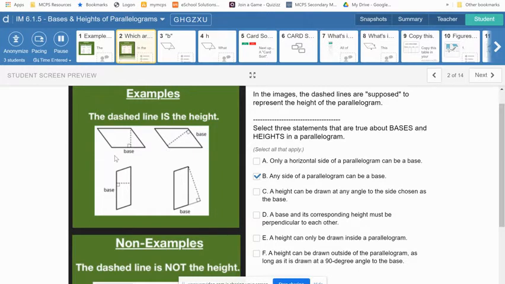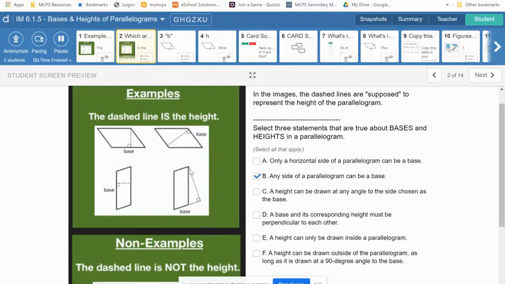What I notice is every dashed line comes right off of the base and forms a 90-degree angle. So we have our base and we have our height. Let's see if that is true for the other ones. Here's our base, and immediately perpendicular to it is the height. If this is our base, our height crosses straight through it and they create a 90-degree angle. And the same thing for here.